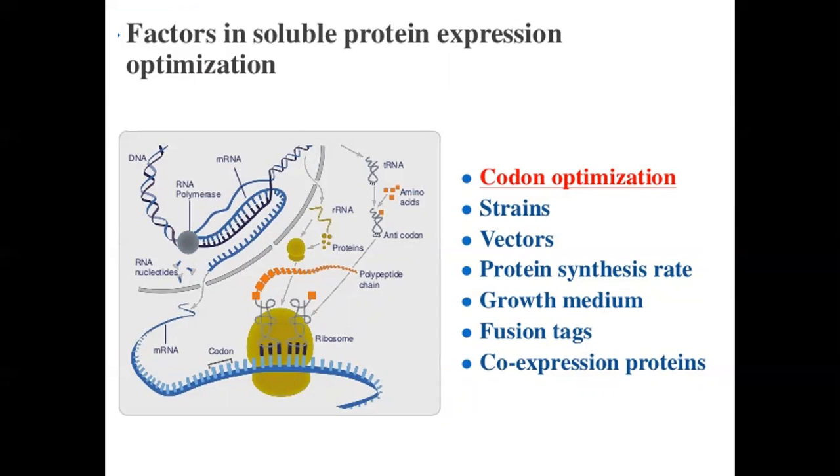Fusion tags can also confer specific properties for target protein characterization and studies such as protein immunodetection, quantification, and structural and interaction studies. So the fusion tags are important for different purposes, either to give stability to the protein or to characterize the protein.